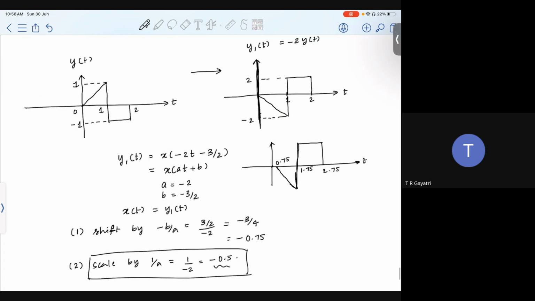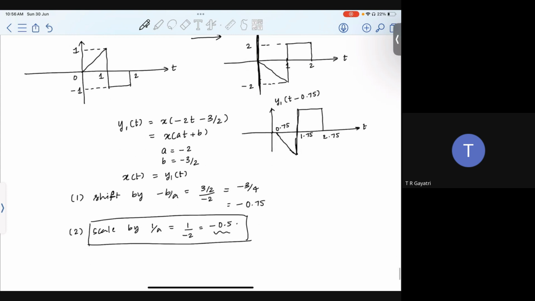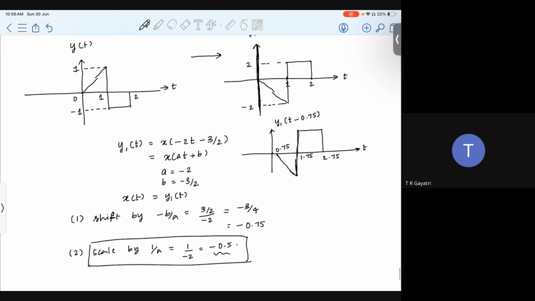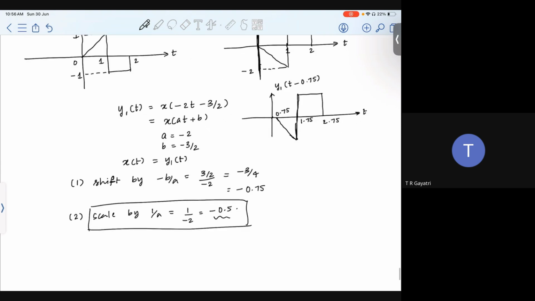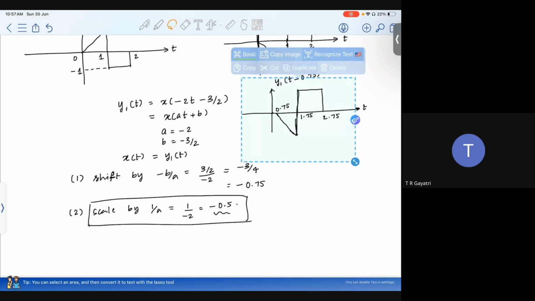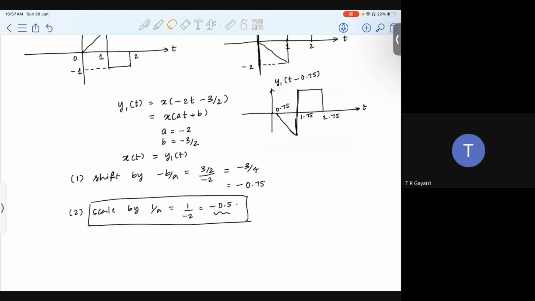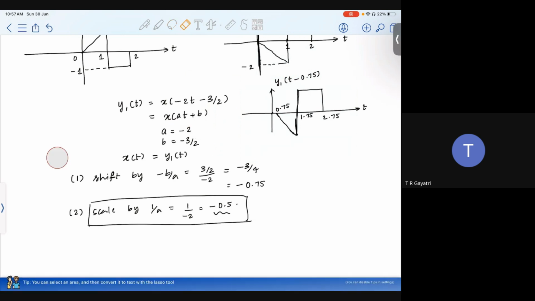So this is y1 of t minus 0.75. Now what we have to do is scale this entire signal by minus 0.5. Remember, how do we scale the signal? We divide the time axis by minus 0.5. So we divide the whole signal by minus 0.5. Let me take this part, or let me shift this.